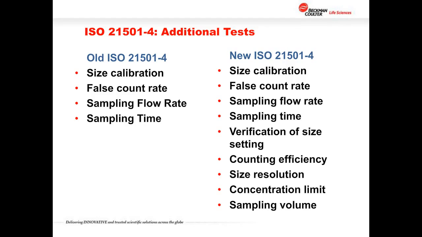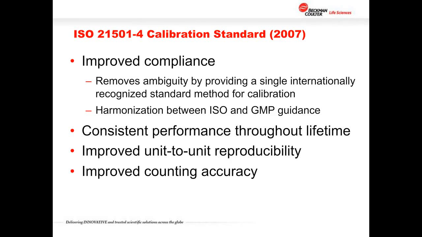In ISO 21501-4, we really look at more than just those, and importantly, we look at counting efficiency of the particular instrument involved. This gains us a more consistent health check, you could say, of the instrument throughout its lifetime, and also more consistency between instruments. So in today's method with 21501-4, we really improve the overall use of the instrument and make that mandatory, so we know we have a good, solid tool to execute the calibration.